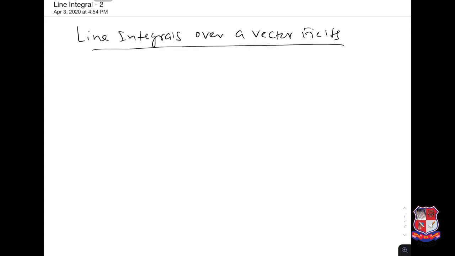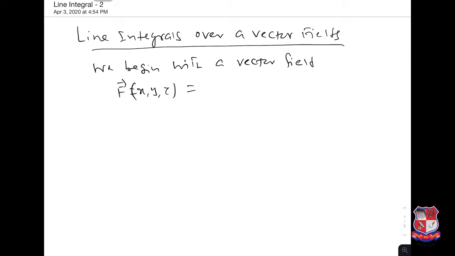Now, we'll start with a vector field, say F, and that is equal to P i caret plus Q j caret plus R k caret.